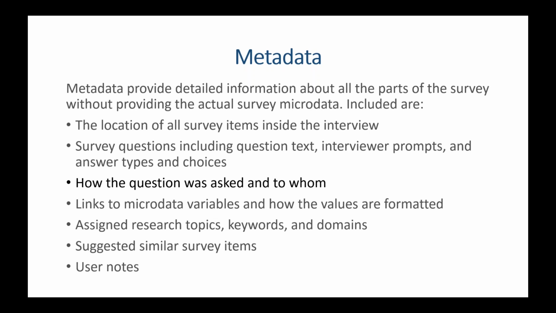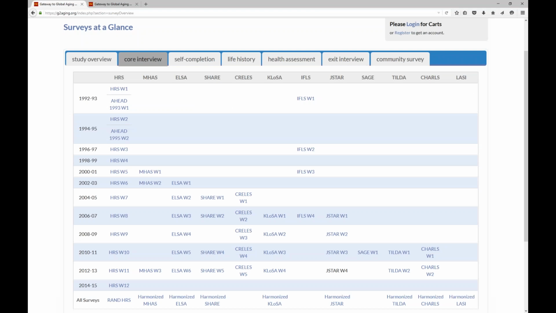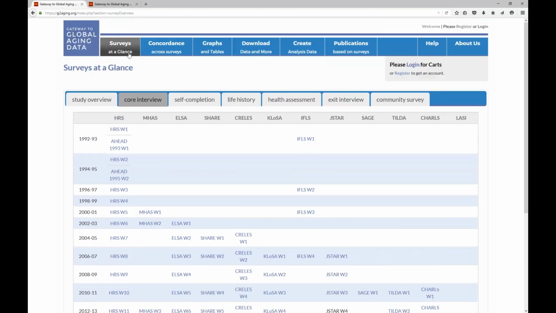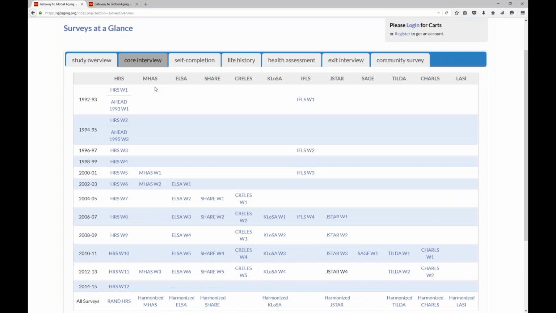That's the variable name with which it's stored, and that can be helpful. We've assigned research topics, keywords, and domains to help you search better. We also suggest similar survey items based on what other users are looking at, and users are currently allowed to make notes.